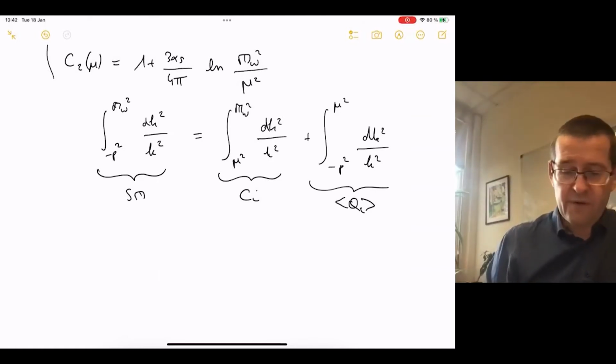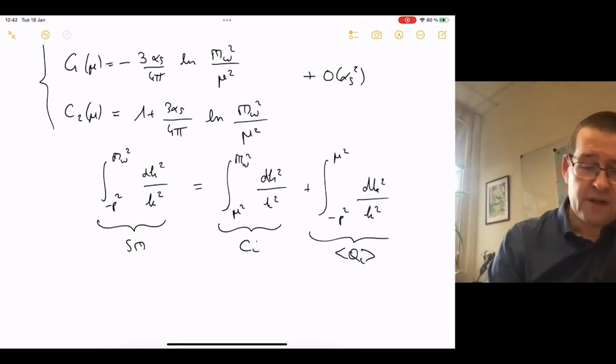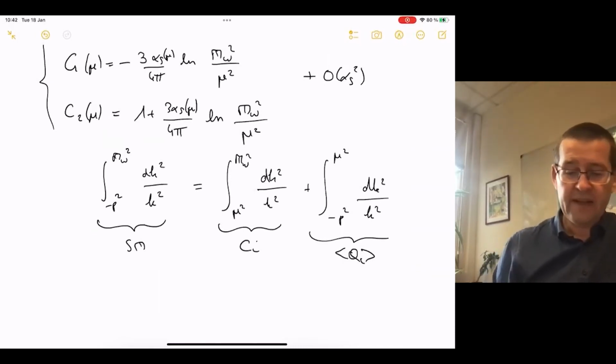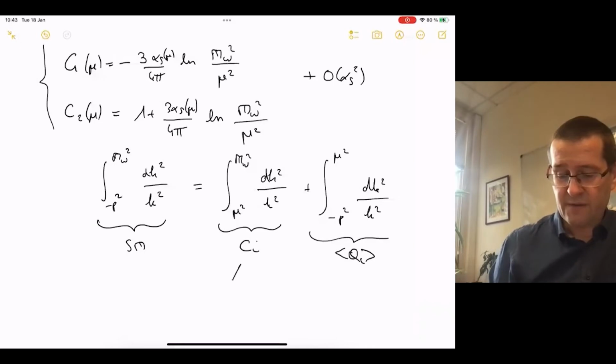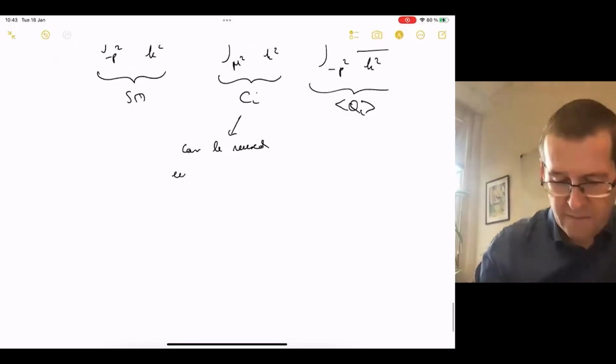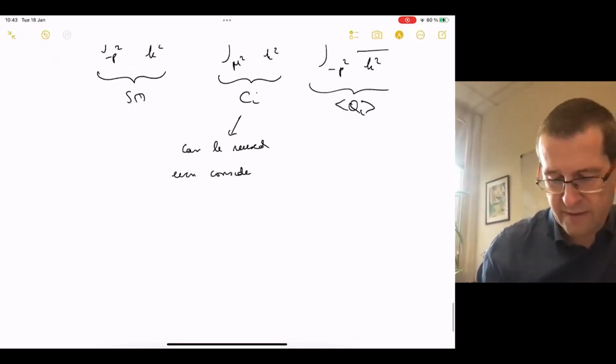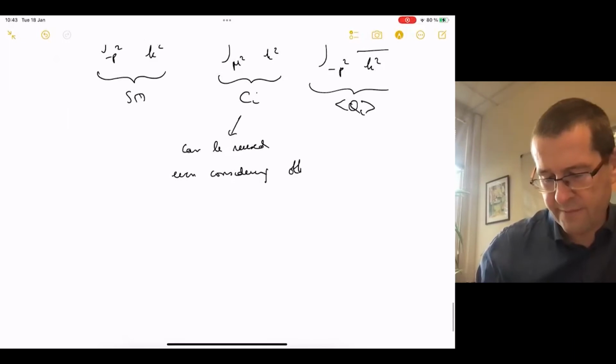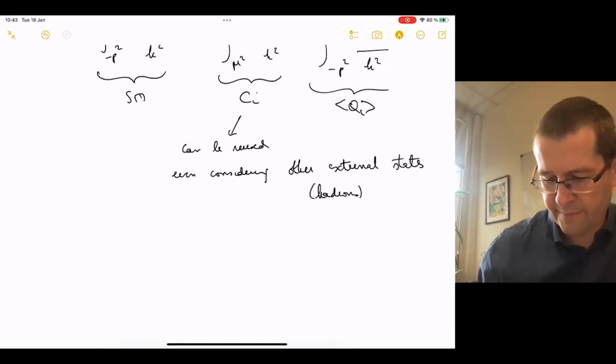Okay, the second thing that you have, so typically you would say the typical scale here is alpha s at mu. And so you see that this, as I said, can be reused even considering other external states, so hadrons.